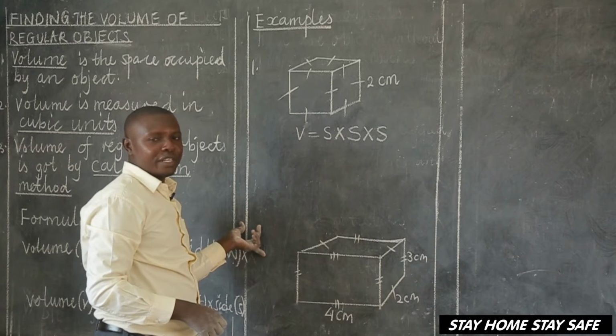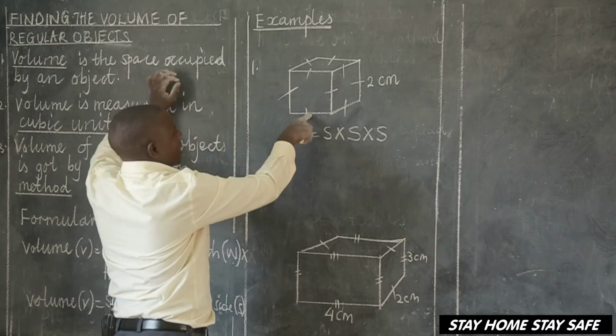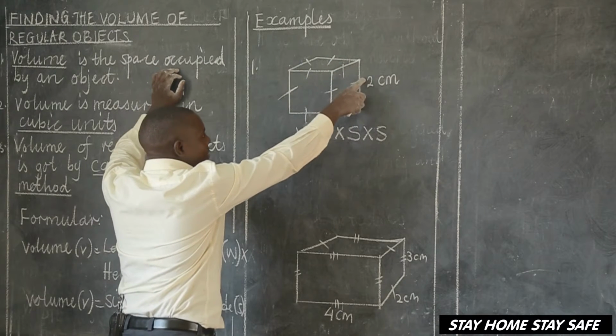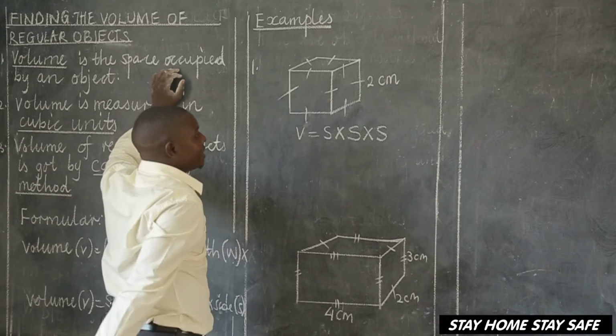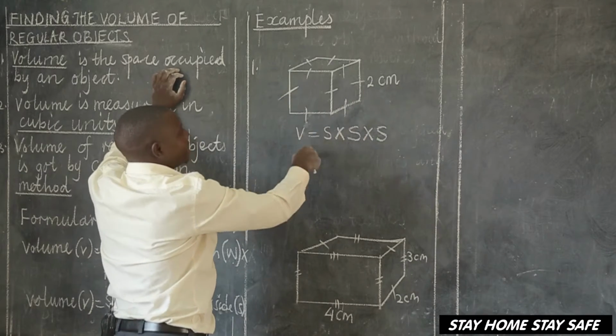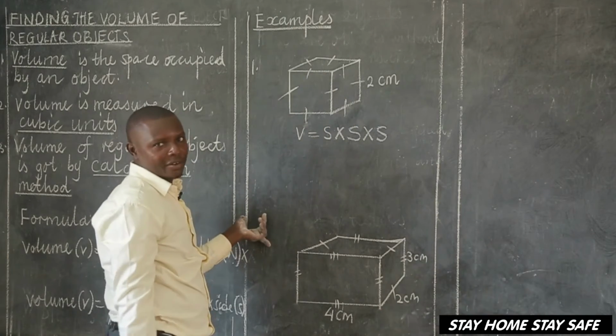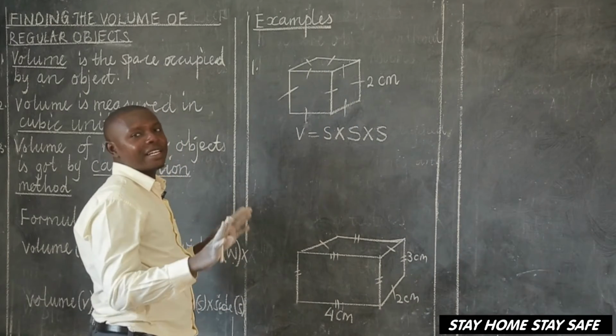How many sides do we take? 3. We don't take the one which is down, but we take the one which represents the length, the one which represents the width, and the one on the height. This time all of them are the same.